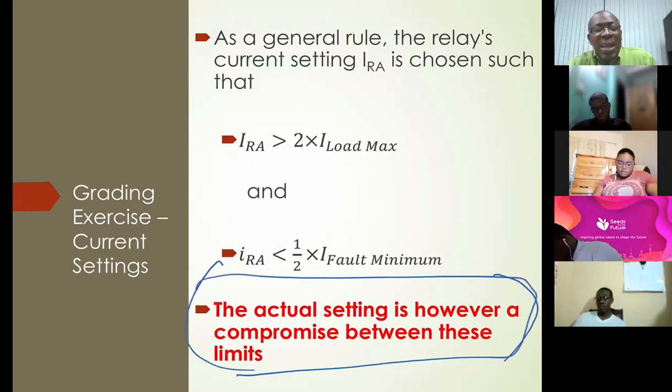Because what you will actually select is going to be a compromise between the two, as you will see. So although I give it as the rule, what you want to ensure is that the load current will not result in the relay operating. And if you are exceeding the load current, remember we're talking about utilities.